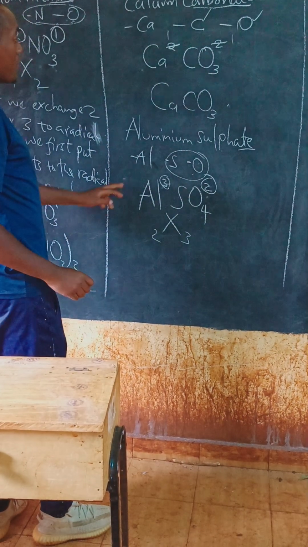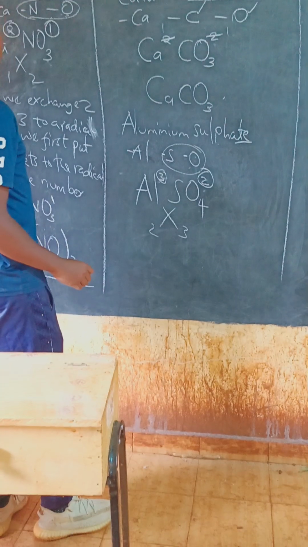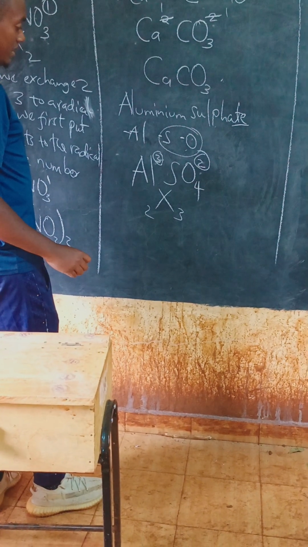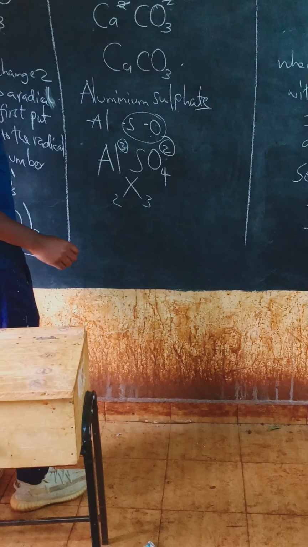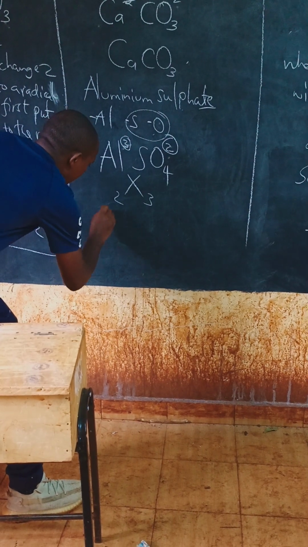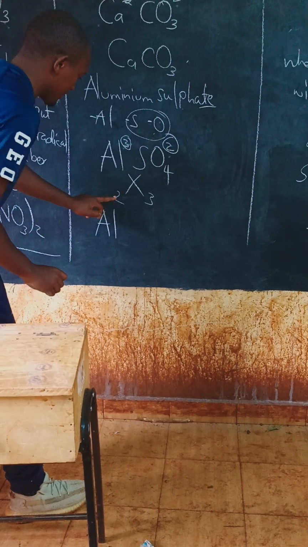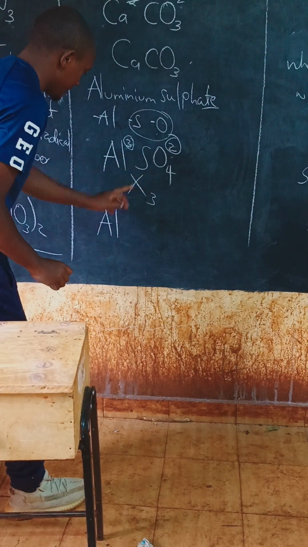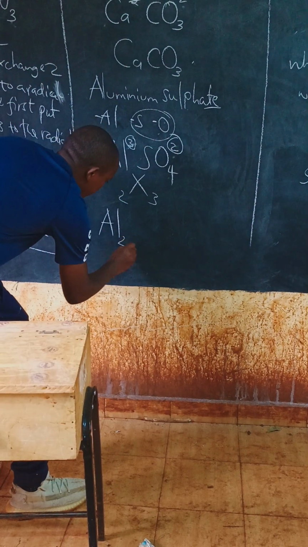Therefore, the formula of aluminium sulfate will be Al. 2 has come from the sulfate to aluminium, Al2.